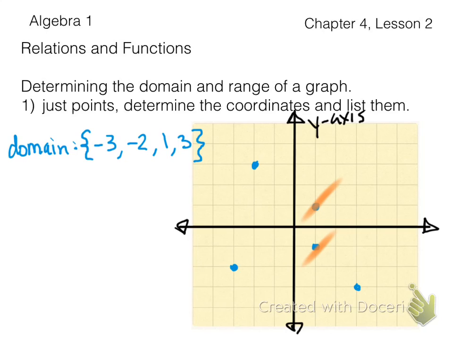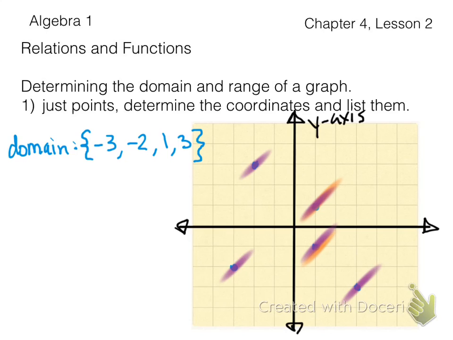Well, the domain is going to be -3 because as I'm looking at the x-axis, that's going to tell me the domain. I have a dot at -3. Let me use a different color. I've got a dot at -3, I've got a dot at -2, I've got a dot at 1, another dot at 1, but remember I don't repeat when I'm writing the domains, and I also have a dot at 3.